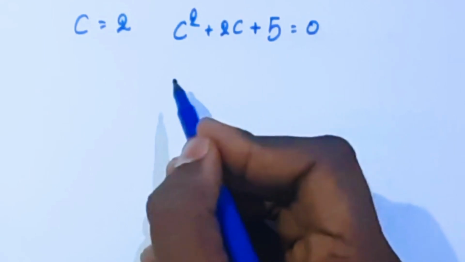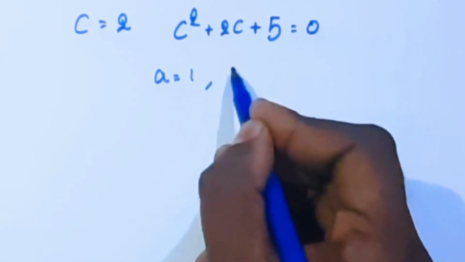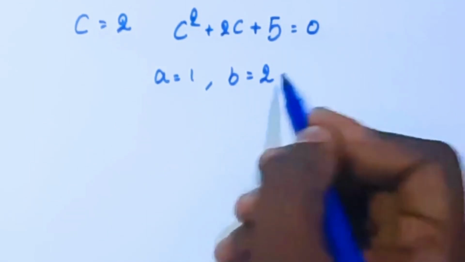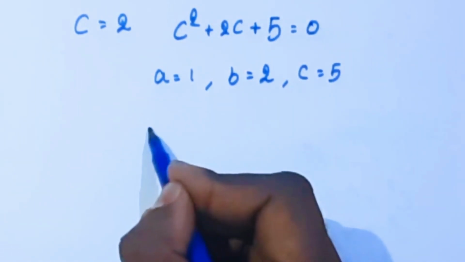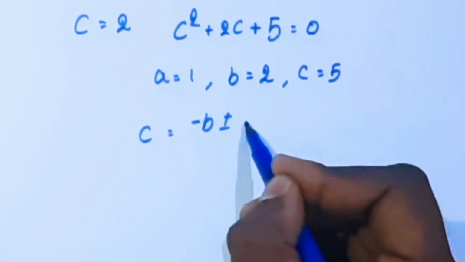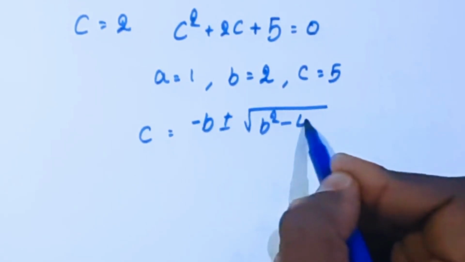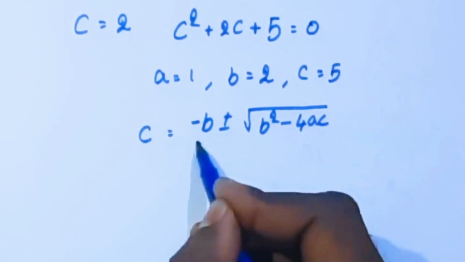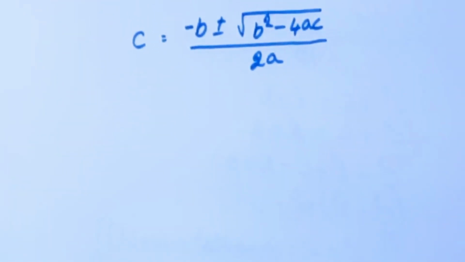Here we are going to apply the quadratic equation, that is here a equal to 1, b equal to 2, c equal to 5. The quadratic formula here is minus b plus or minus square root of b square minus 4ac by 2a. This formula we are going to apply here.